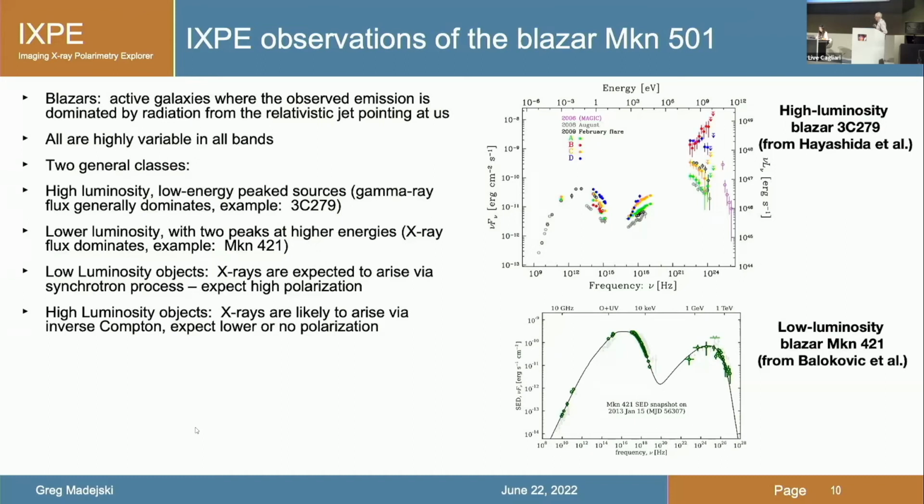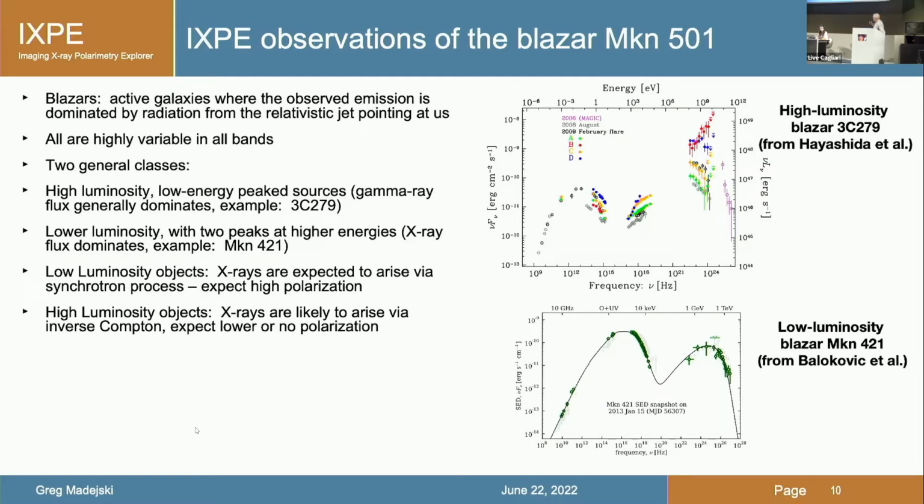The low luminosity objects, such as Markarian 421, which is a figure taken from a paper by Mislav Balokovic, we expect, at least the theory before the convincing observation was, that the entire broadband spectrum coming from radio all the way up to maybe about hard X-rays should be produced by synchrotron emission. The emission beyond that is probably inverse Compton by the same relativistic electrons that produce the synchrotron, using the same photons that were produced via synchrotron emission.